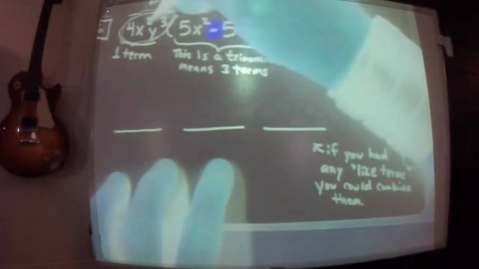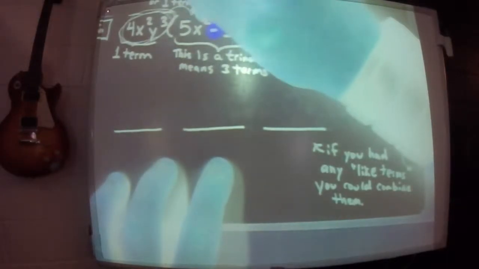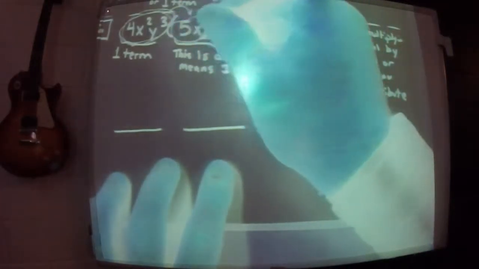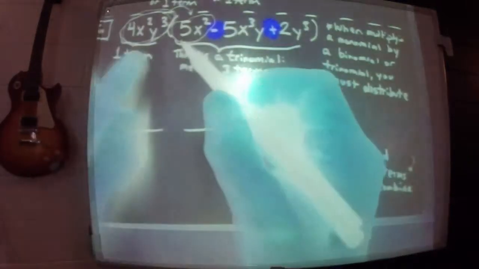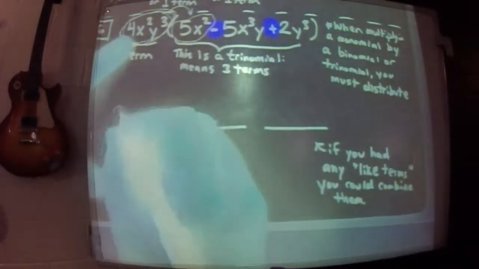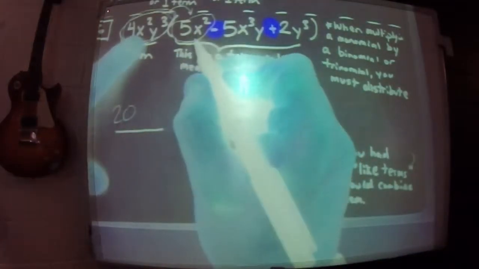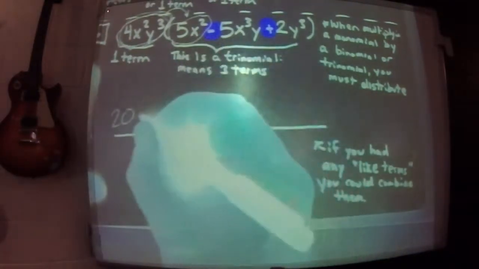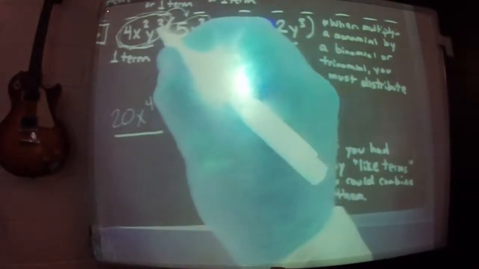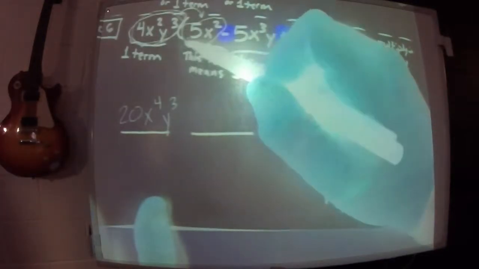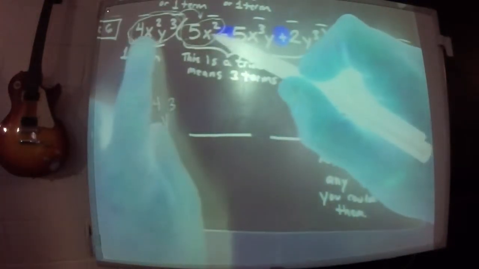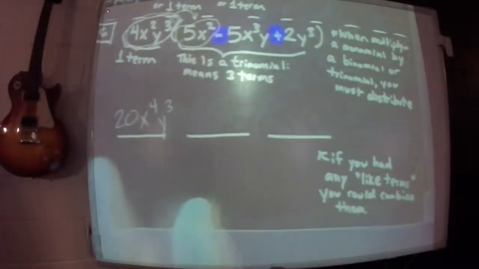So I'm going to multiply 4x squared y to the third times this right here. So I put the 4 and 5 together, and that makes what? 20. How many x's are getting multiplied? 4. And then there's just that y to the third. So your first piece, when you multiply this one times this, is 20x to the 4, y to the third.